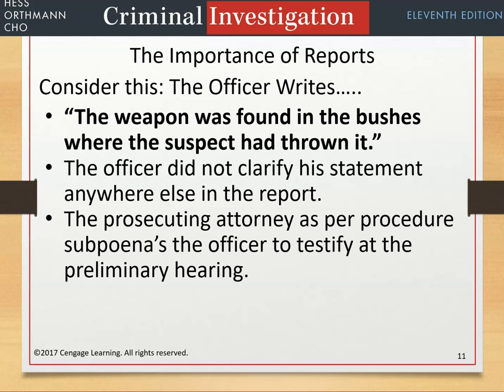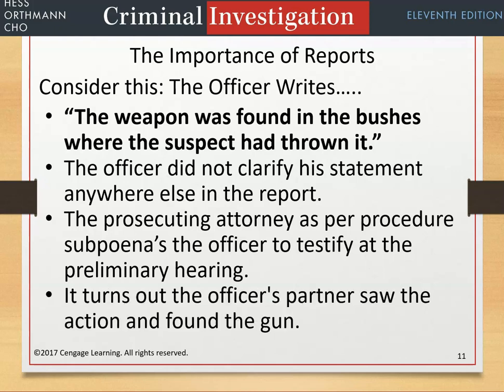The prosecuting attorney, as per procedure in this case, would subpoena the officer to testify at the preliminary hearing, because the prosecutor thinks, oh, the officer that wrote the report must have been the one that found the weapon, because it doesn't say anything different. Well, it turns out that the officer's partner saw the action and found the gun, not the officer that wrote the report. So can you see the issue?